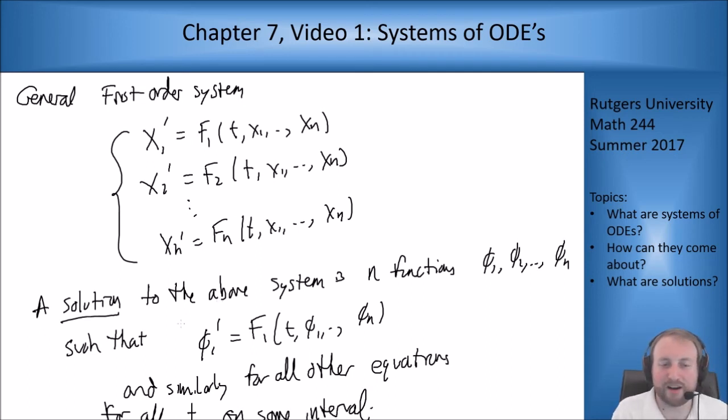So if you're going to check this, you literally just have to plug in, but you have to leave everything as a function of t until you're done, until you verify that it's all equal.